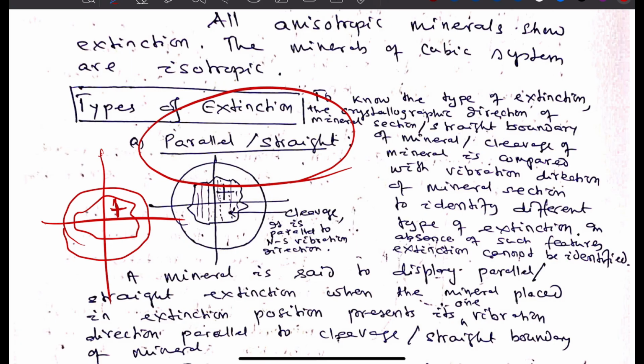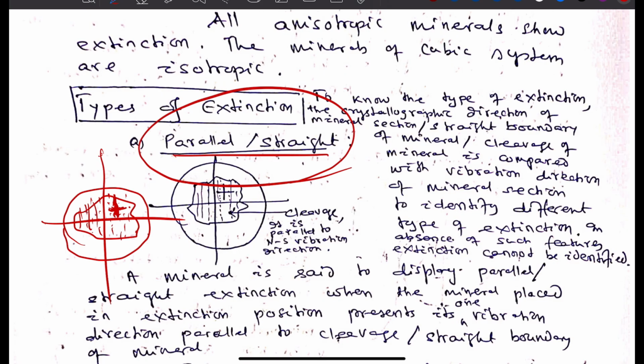But when you talk about parallel or straight extinction, in that case the cleavages of the mineral must be parallel to any one of the vibration directions. So this cleavage direction is parallel to this vibration direction of the mineral section. So in this condition the mineral is showing darkness.